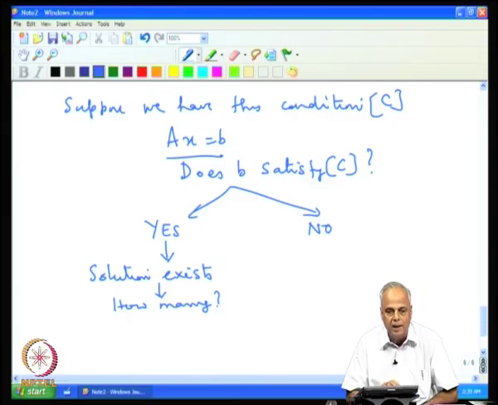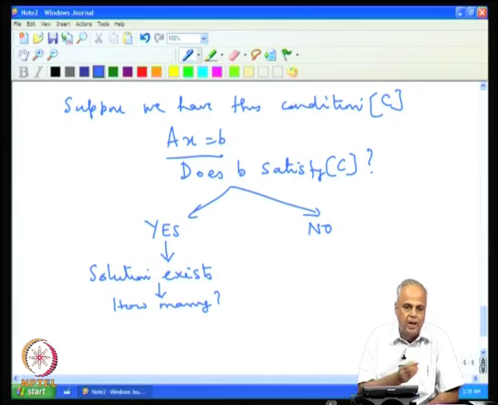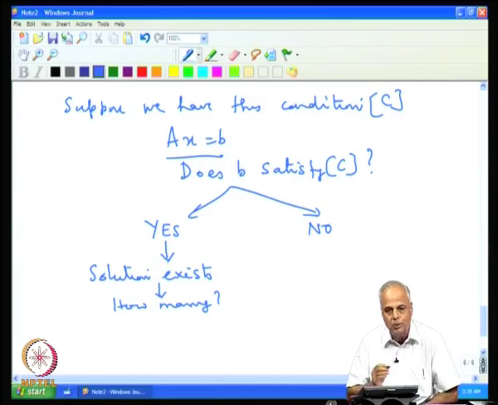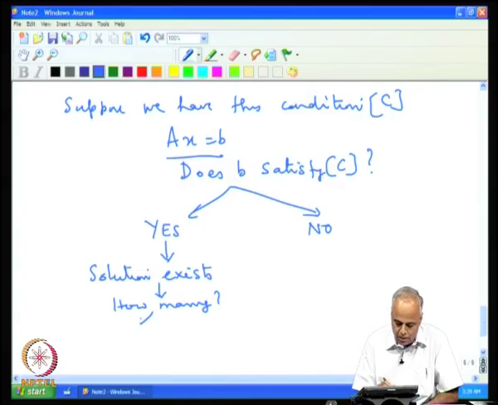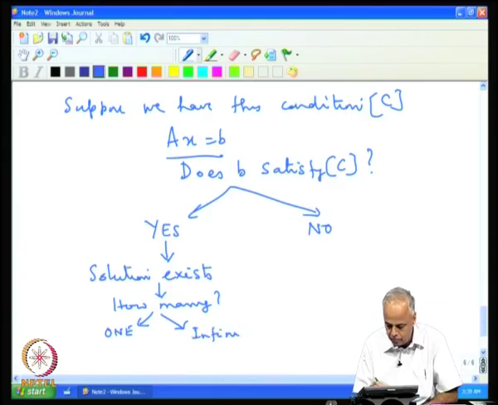This question arises because we have seen in the 2 by 2 system there are situations where we can get exactly one solution or situations where we can get infinitely many solutions. So, the answers are going to be 1 or infinitely many.